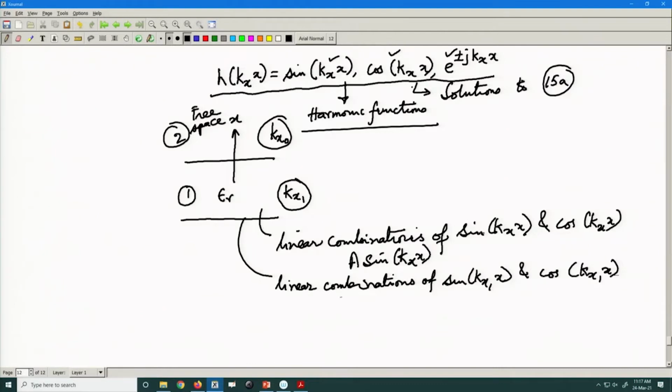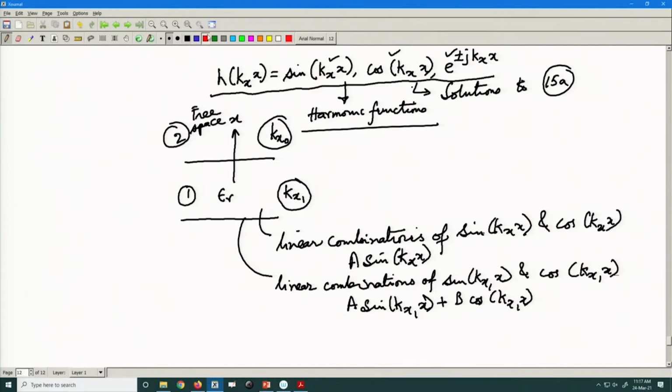So, we can write the functional variation of the psi function as A sin k x 1 x plus B cos k x 1 x.